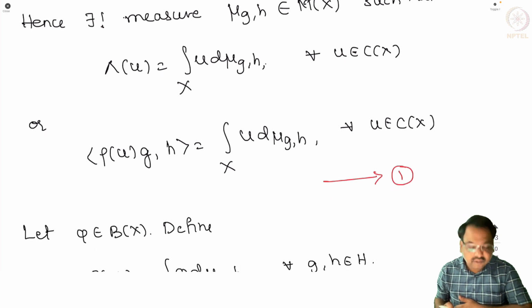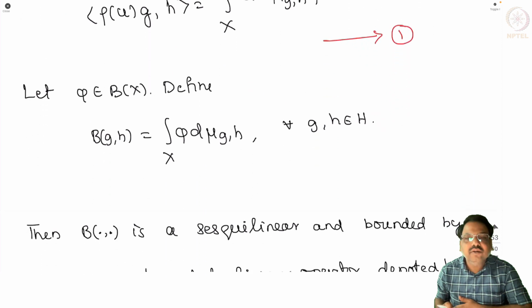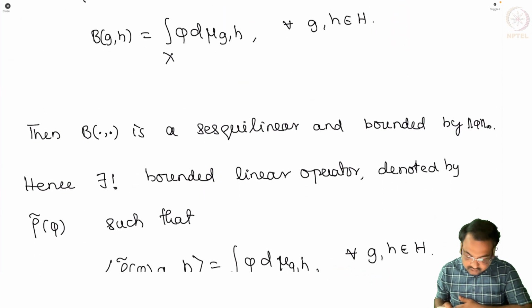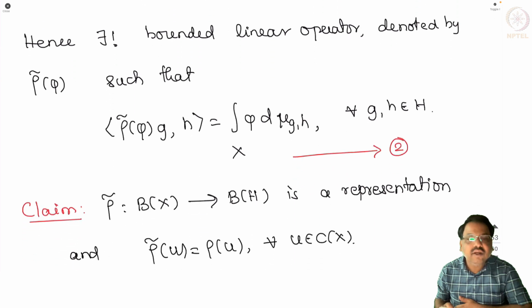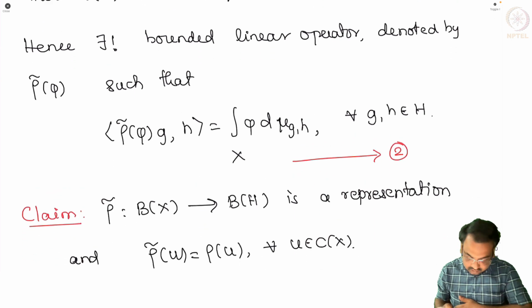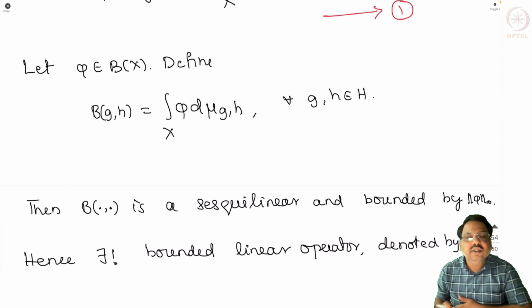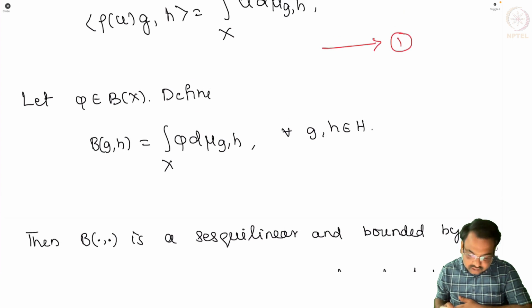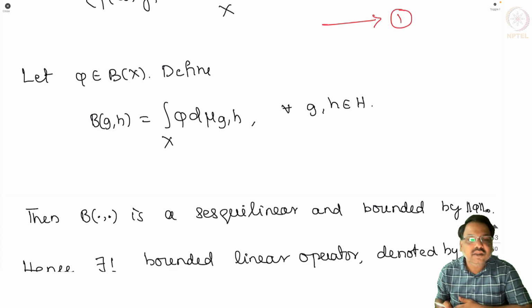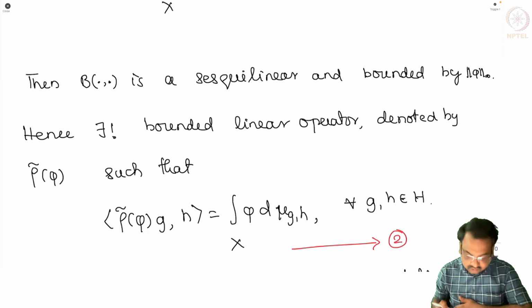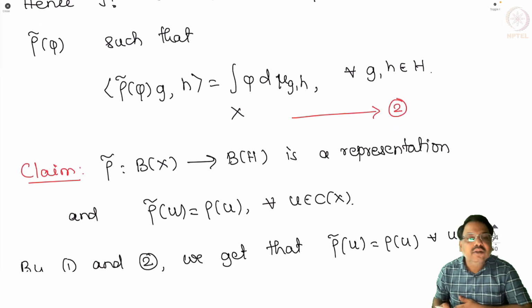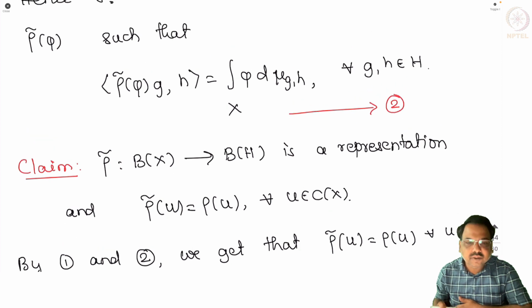Once we represent lambda u with respect to this measure, we have extended this to the set of all bounded Borel functions in this way, and using this integral over X of phi d mu gh, we got a bounded sesquilinear form, and because of this we got a bounded linear operator which we have denoted by rho tilde phi, which is given by equation 2.